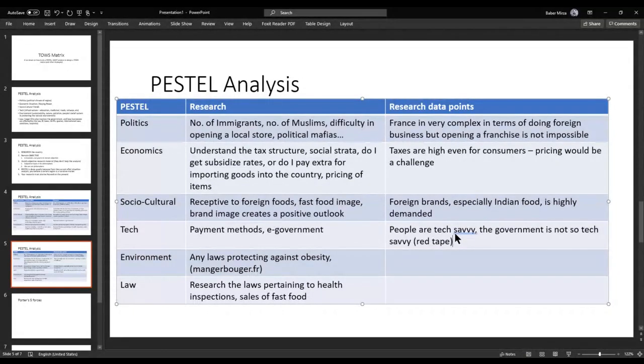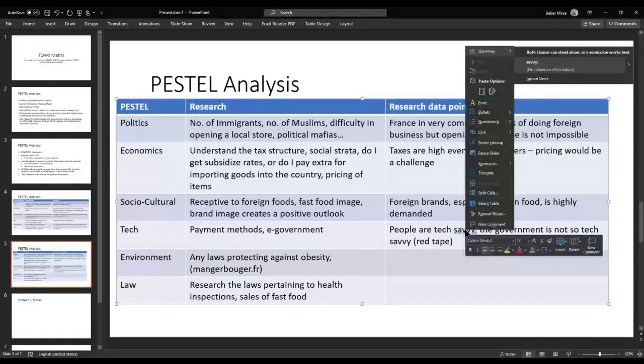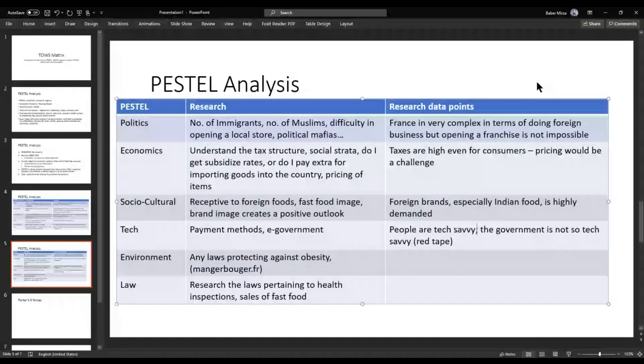There's a lot of red tape. Red tape means that there are a lot of bureaucratic processes. It makes it difficult to file for your taxes. You probably need to hire a lawyer and a local accountant to help you out. But this is for the future. Right now, I'm just being objective, writing things down.